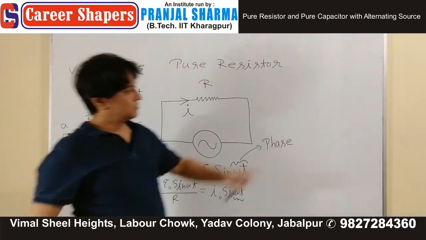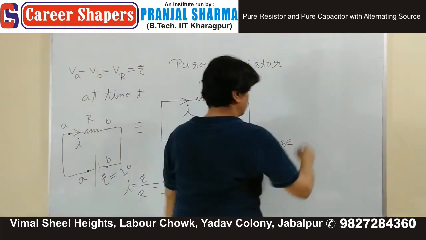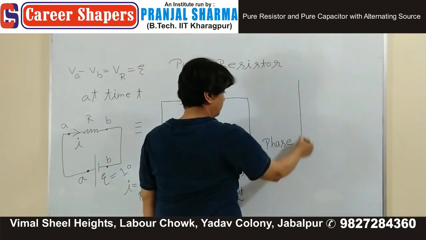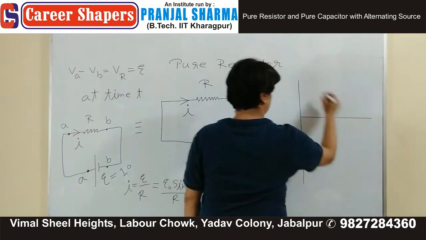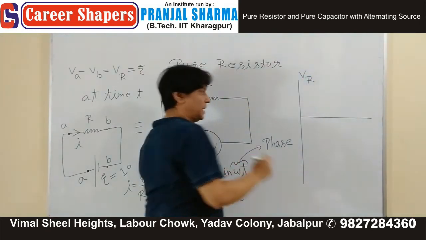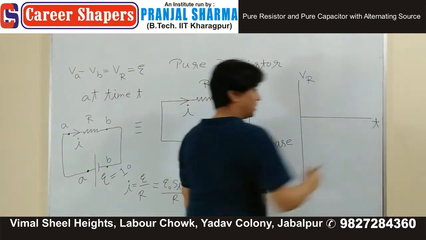And let's draw a graph which will make all this clear once again. So if I draw a graph between VR and T, this will be your time axis.